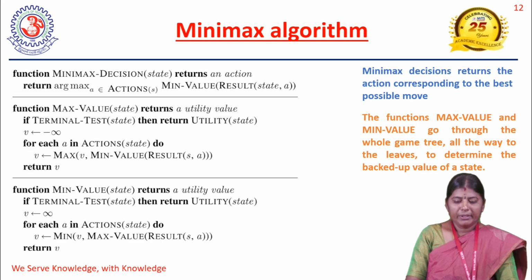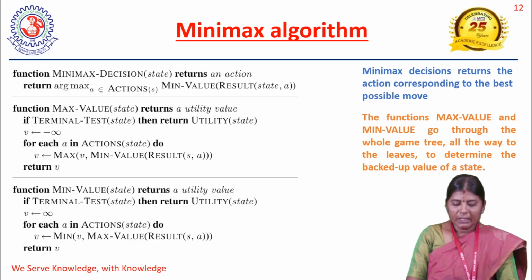Obviously, the max player takes its turn first, so it returns the argmax over all possible actions after applying min value to its successors, or its children. It's a recursive algorithm, and with backtracking it passes the turn to the min value function and returns the utility value. If the state passed to the method is a terminal state, then it returns the utility value.